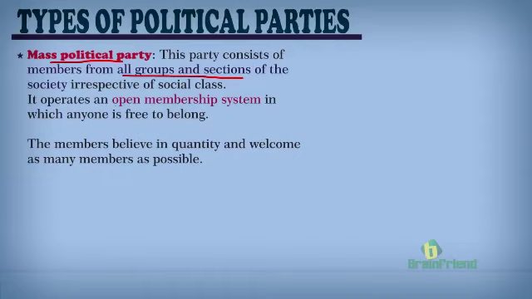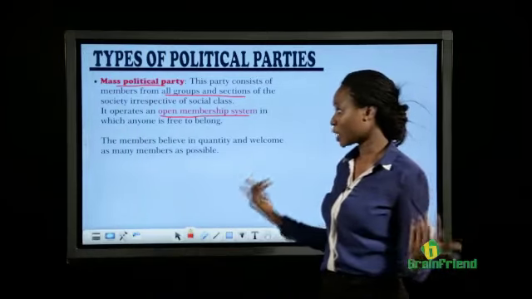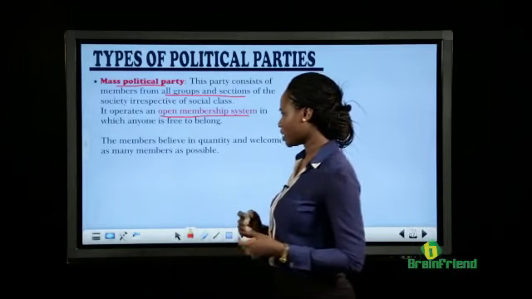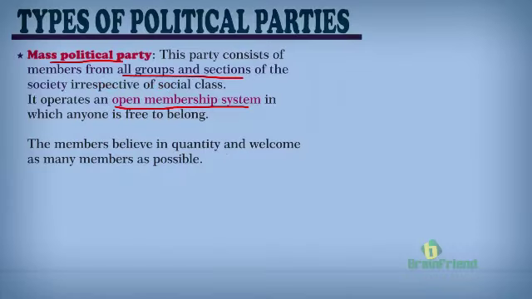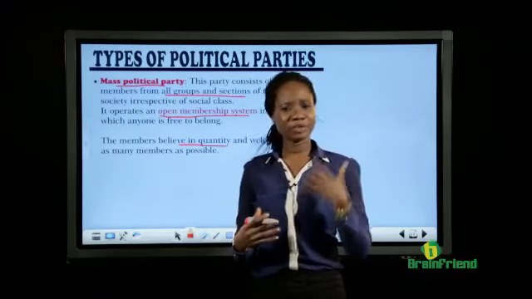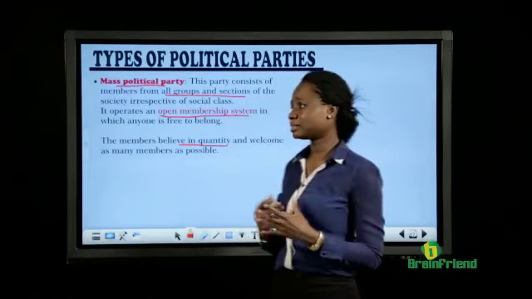They operate an open membership system, which is what I've just explained. Every person is welcome to them, and they freely belong to that party. They also have a belief, and their belief is in quantity rather than quality. They believe that the number of voters they have will eventually help them gain government control of that city or state.